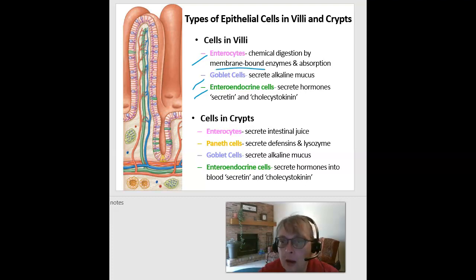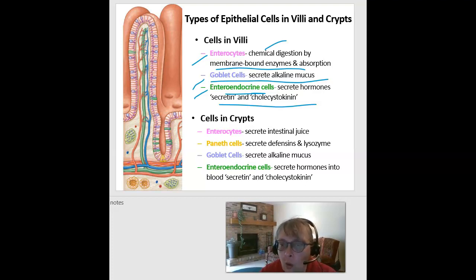Goblet cells secrete, and the enteroendocrine cells secrete hormones. That's why the name endocrine is in them. And they're predominant, these enteroendocrine cells, in the duodenum. I should mention that the enterocytes do release a little bit of liquid, secrete some water that becomes part of the intestinal juice.